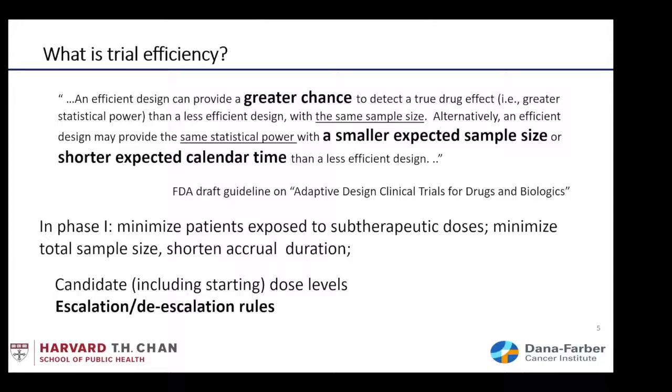First is how many candidate dose levels you have. If you have 2 dose levels, you're very likely to have a much smaller sample size compared to 6 dose levels. The next is the statistical design, which covers escalation and de-escalation rules.